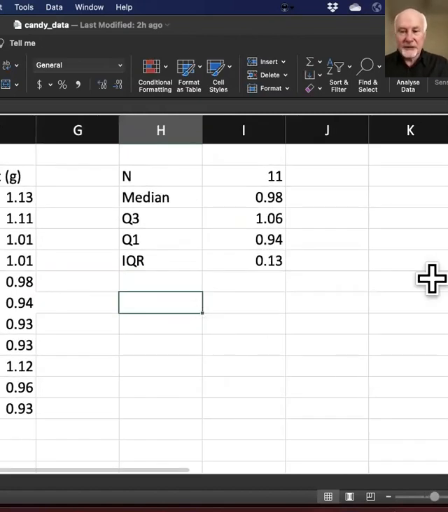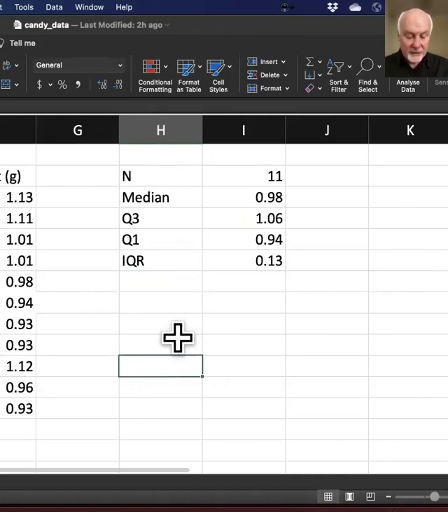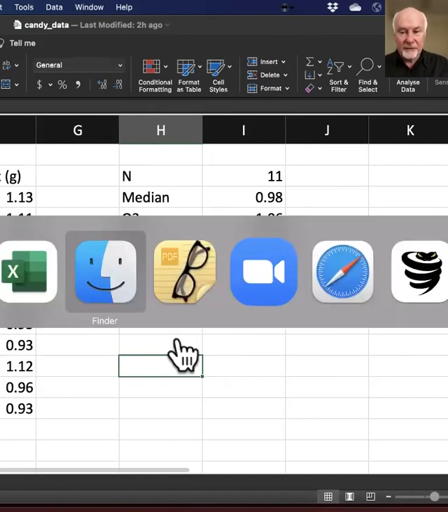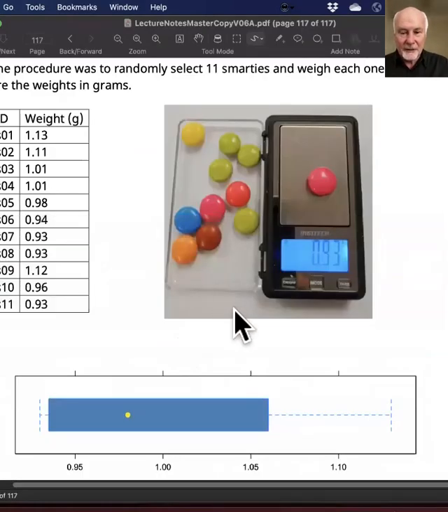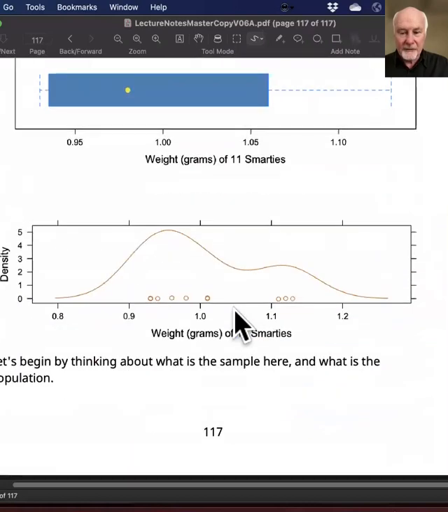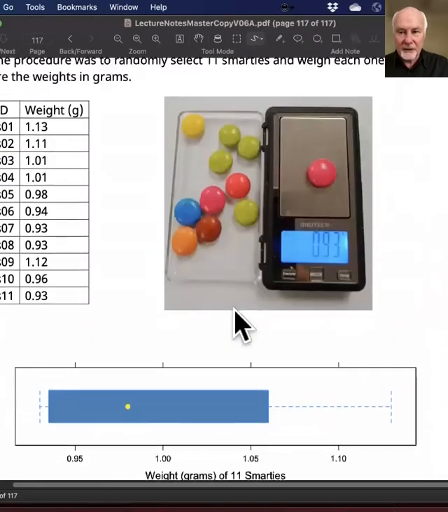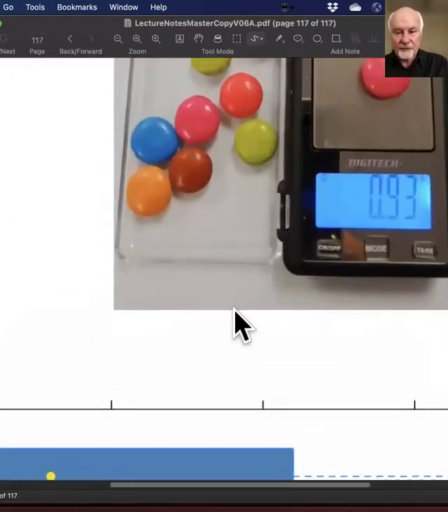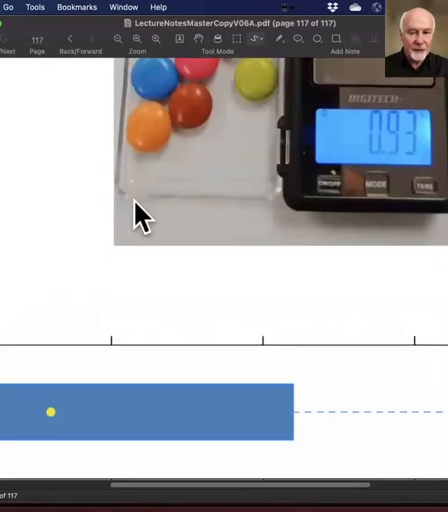Okay, so now there's a little formula we use to get the standard error of the median. I'll write it around here for you, and you can make a note of it. It's very simple.